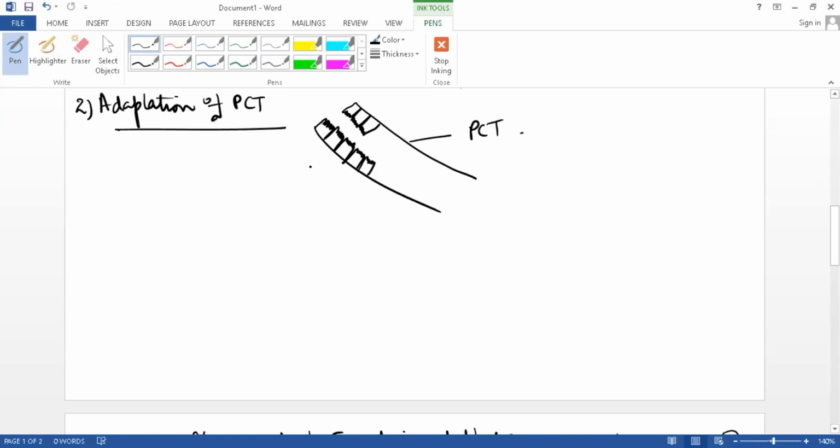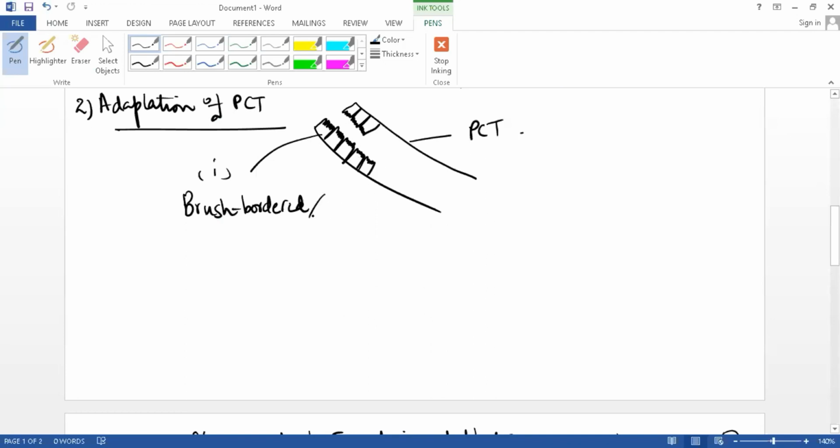So these cells are brush bordered. They do not have any gaps in between.